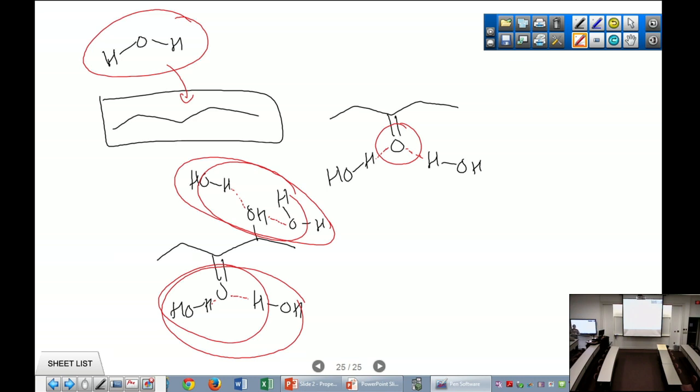The more places you have to sit, the more water molecules come over. The more water molecules that come over, the easier it is for them to solvate your molecule. All right? So just remember, more polar functional groups, more places to put water, easier for the water to dissolve. I mean, for the compound to dissolve in water.